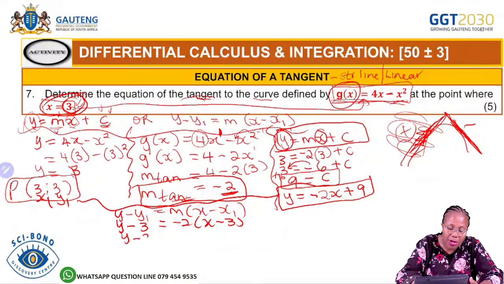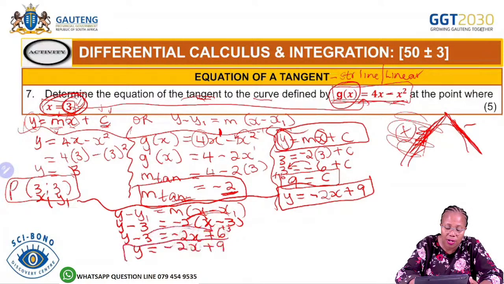We distribute minus 2 into the bracket: minus 2 times x is minus 2x, minus 2 times minus 3 is positive 6. Therefore y equals, transposing minus 3 to the other side, plus 3 there, then minus 2x from this one, and 6 plus 3 will be 9.